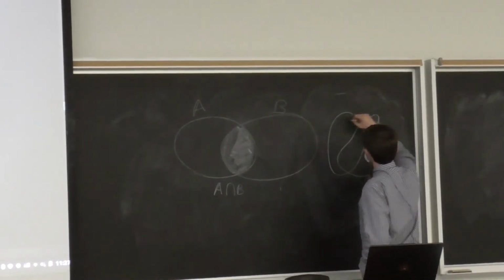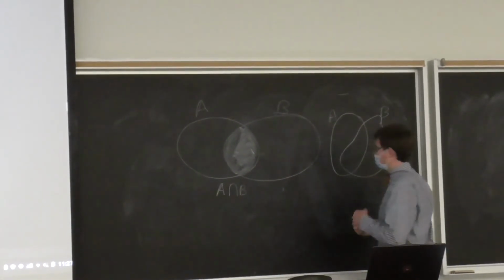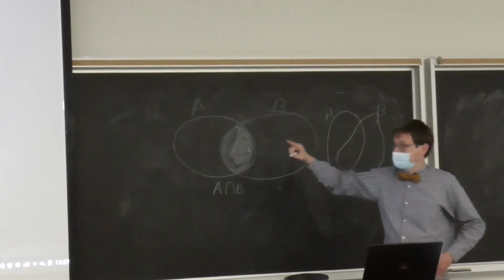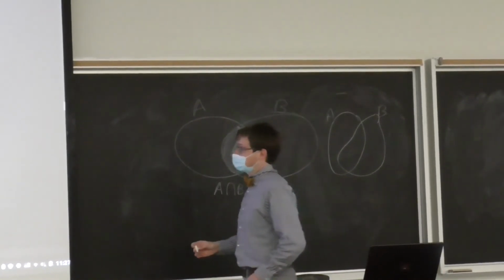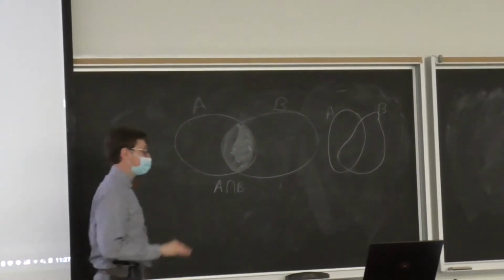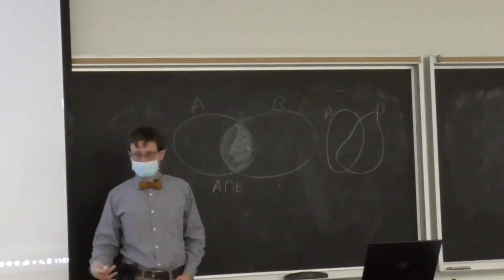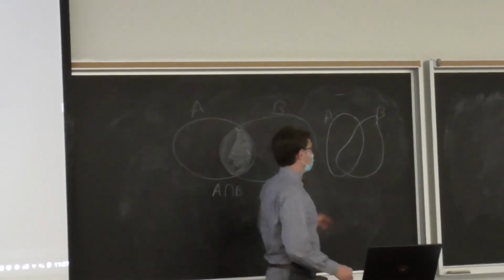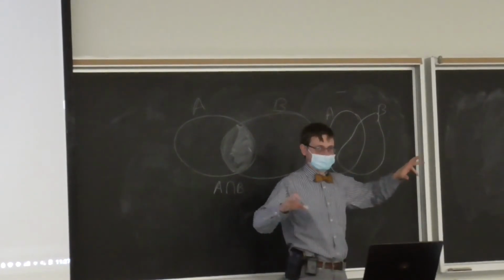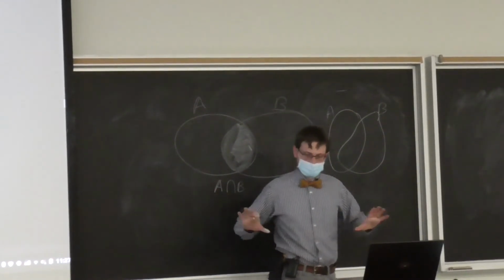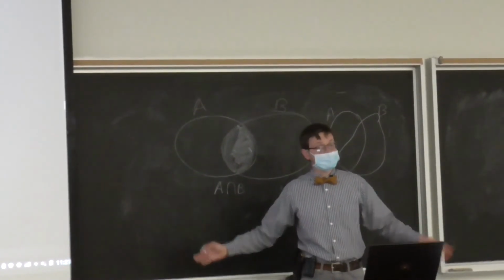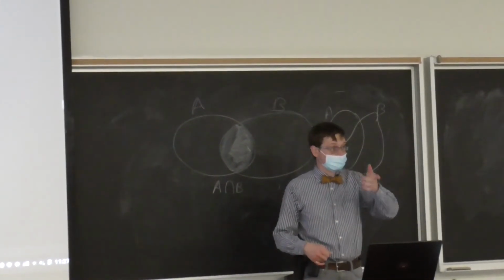So, if we have our sets A and B again, incidentally, they don't have to be circles. Union is all of those elements in A and all of those elements in B. Because there's no repetition of elements, if you just take all of the elements and run them in a line together, any repetition will of course be expunged because sets do not support repetition.